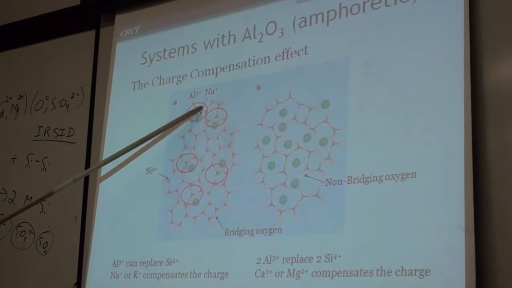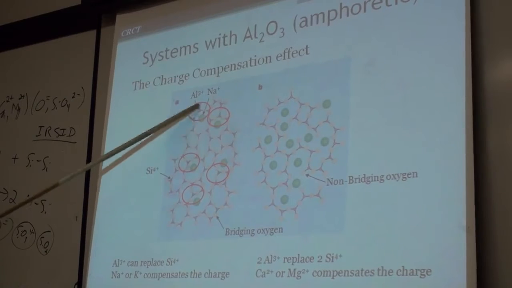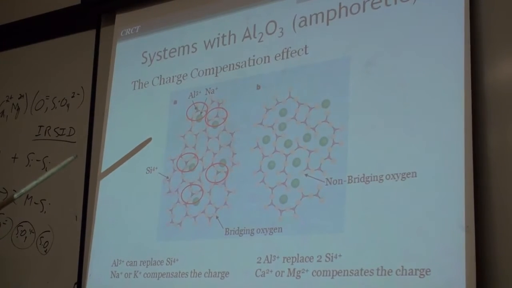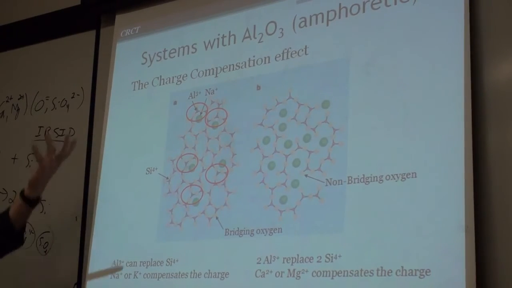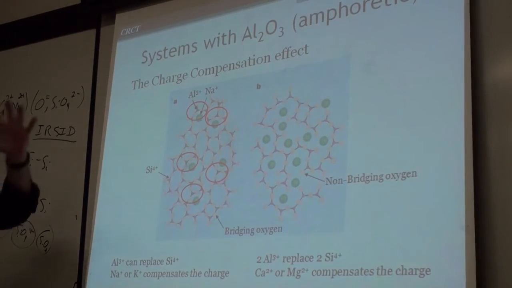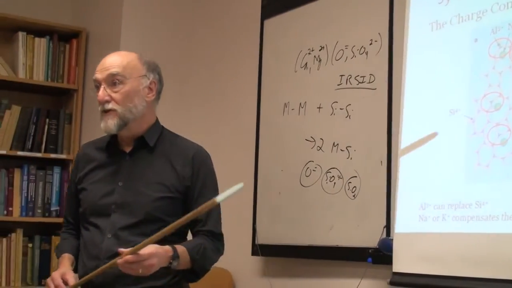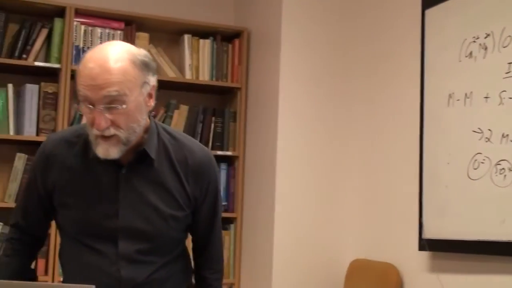So 2 aluminum 3+ ions and a calcium 2+ would have to be close together to get a total of 8+, and this is less likely just on probability. Therefore, divalent ions like calcium have less of a charge compensation effect than monovalent ions like sodium. But this is a huge effect. It dominates the phase diagram.